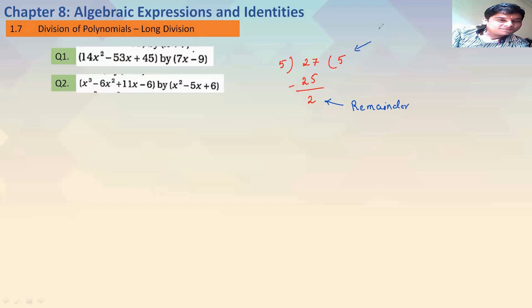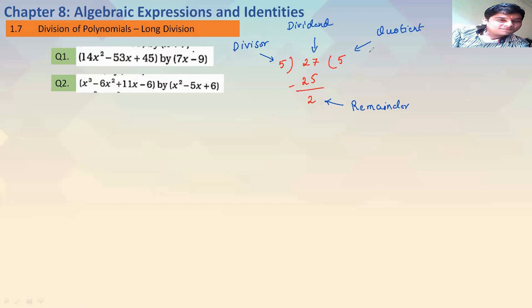Quotient. What do you call this? This is called the dividend. This is called the divisor.